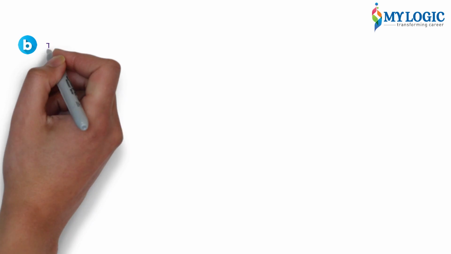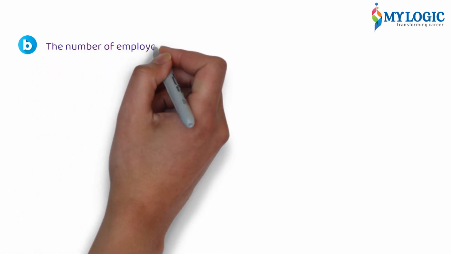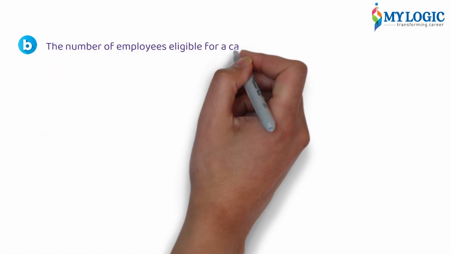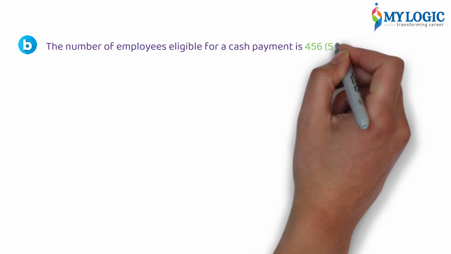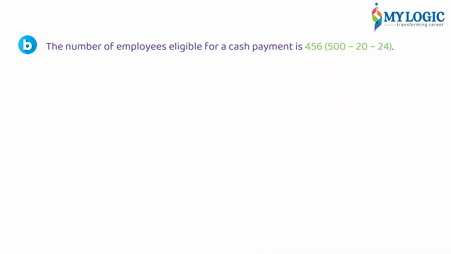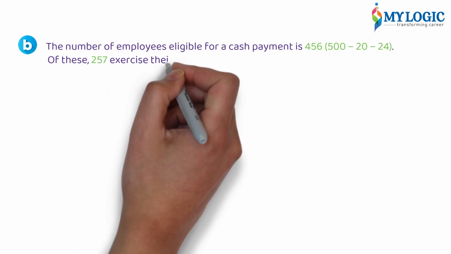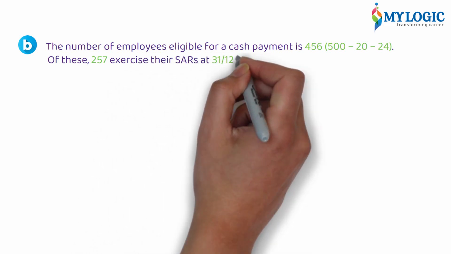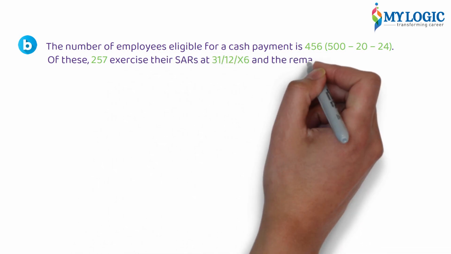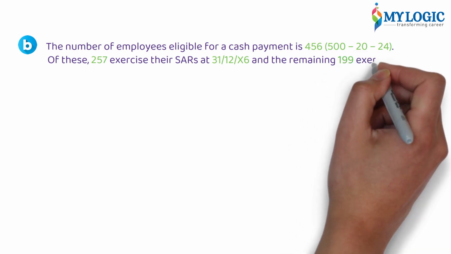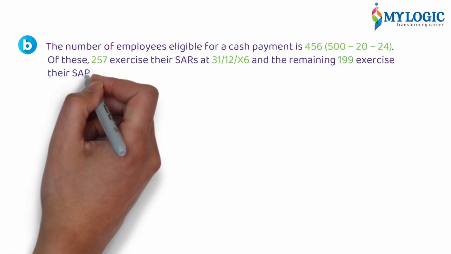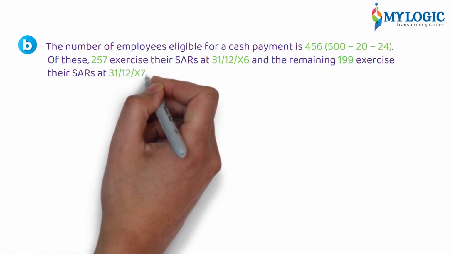B. The number of employees eligible for a cash payment is 456, 500 minus 20 minus 24. Of these, 257 exercised their SARs at 31st 12/2016, and the remaining 199 exercised their SARs at 31st 12/2017.